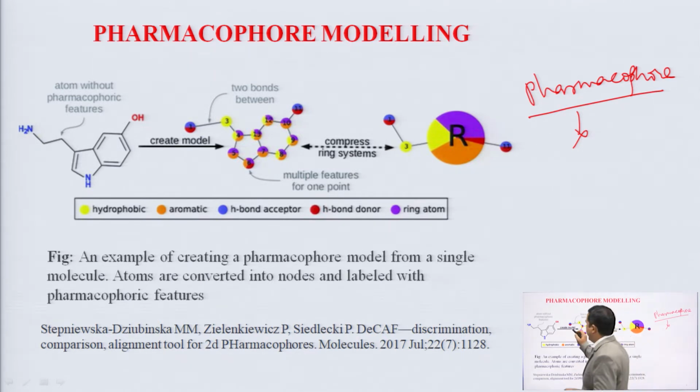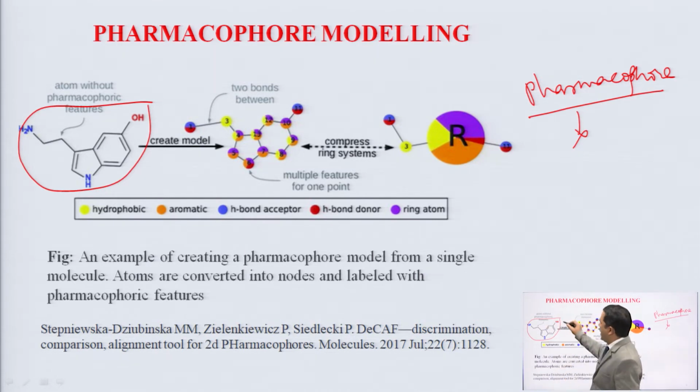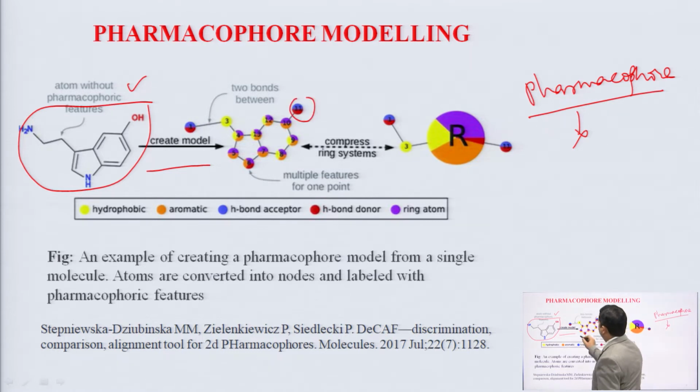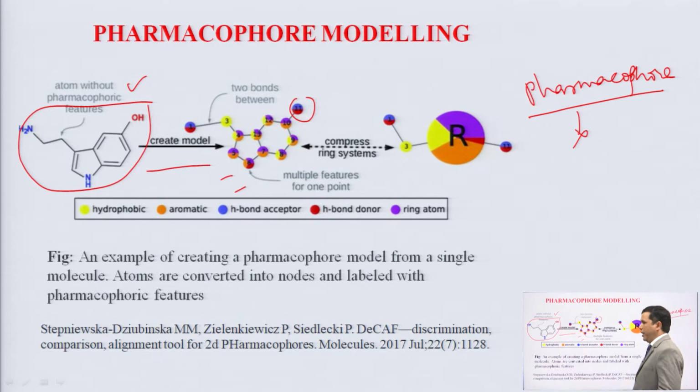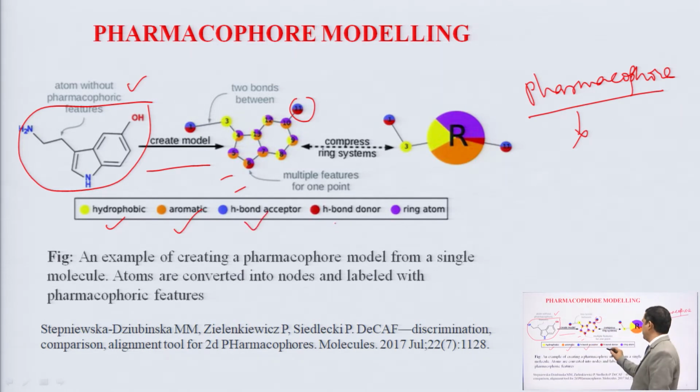Here we take the molecule with atoms without pharmacophoric features, and after creating the model we have different colors: hydrophobic properties, aromatic properties, hydrogen bonding acceptor properties, hydrogen bonding donor properties and the ring atom.